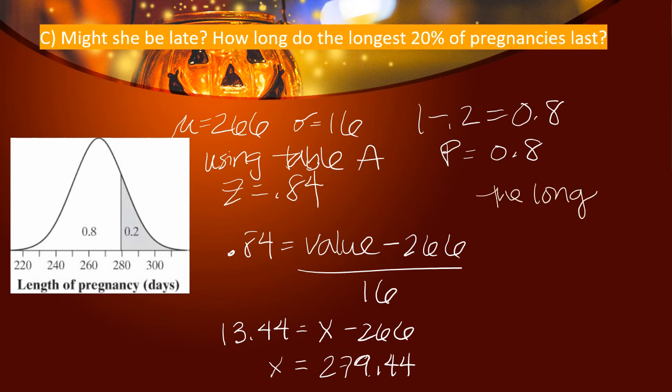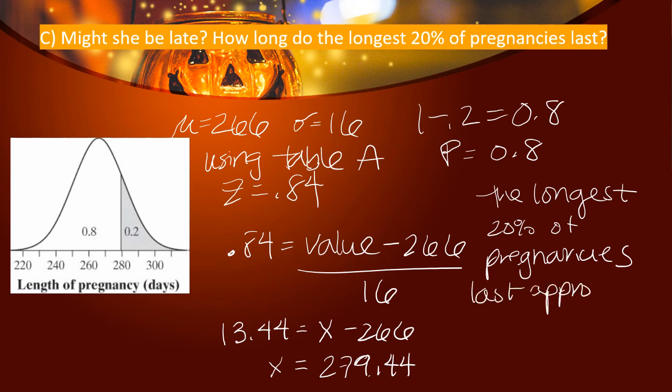The longest 20% of pregnancies last approximately, look at me abbreviating, 279 days or more. Which was 100% the case for me with my first pregnancy.